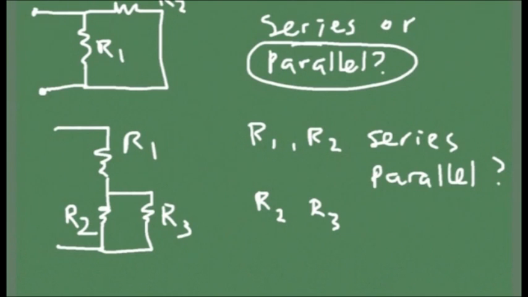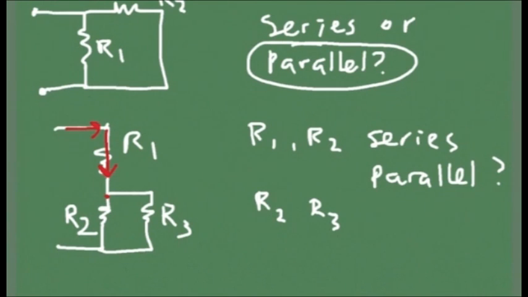They must satisfy that if a current I1 goes through resistor 1, R2 must have exactly the same current. The current that flows through 1 must flow also through 2. Is that satisfied here? Let's follow the current. The current is flowing here, goes through resistor 1, and what happens at this point?